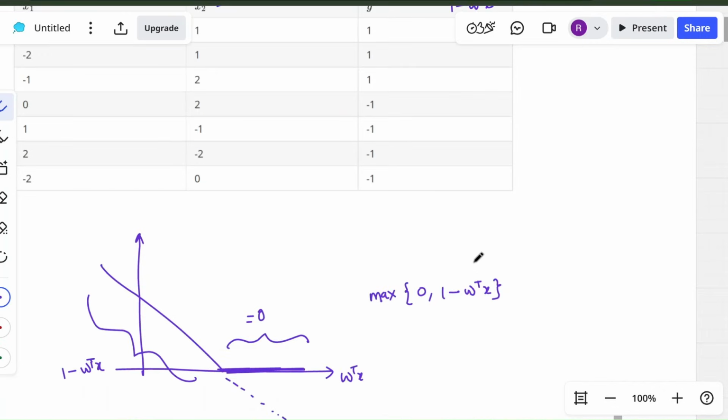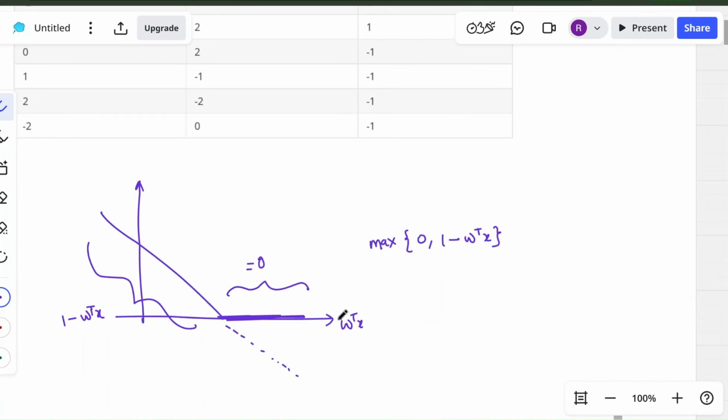Oh, I missed the Y. Let me write it properly: hinge loss is equal to max of 0 comma 1 minus Y times W transpose X. This is my hinge loss.